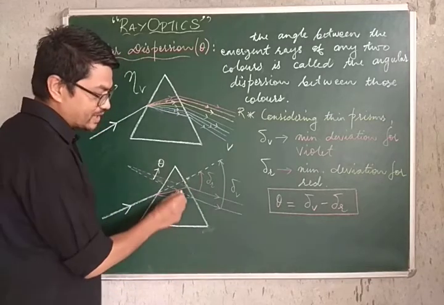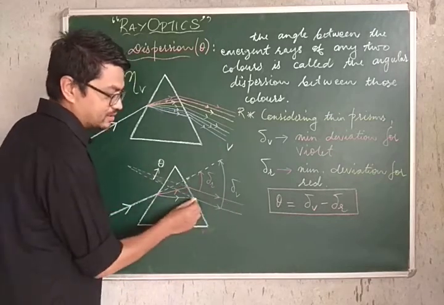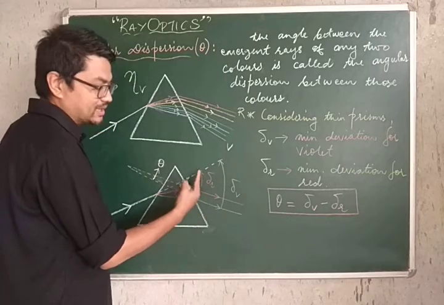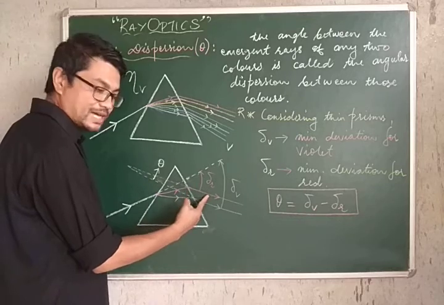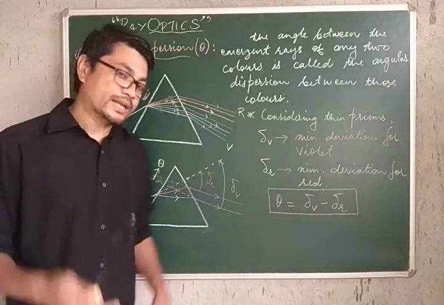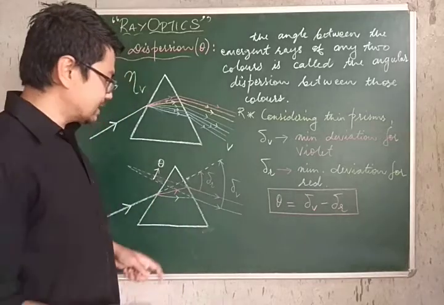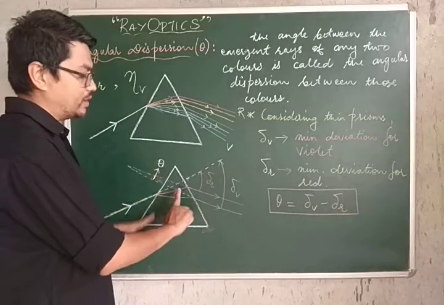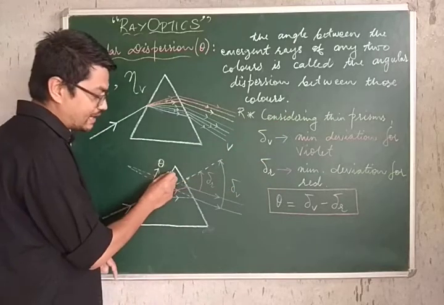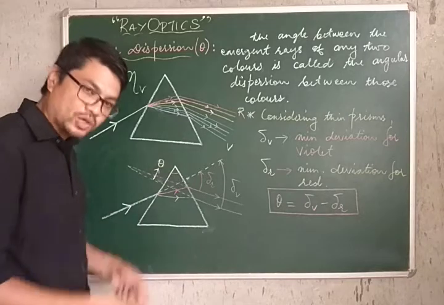Okay, but eventually red is emerging in this direction and violet in this direction. So to say, delta R is the angle of deviation of red light and delta V is the angle of deviation for the violet light. Now, to be more specific, we consider the case of thin prisms, such that the value of the angle of prism is very small.